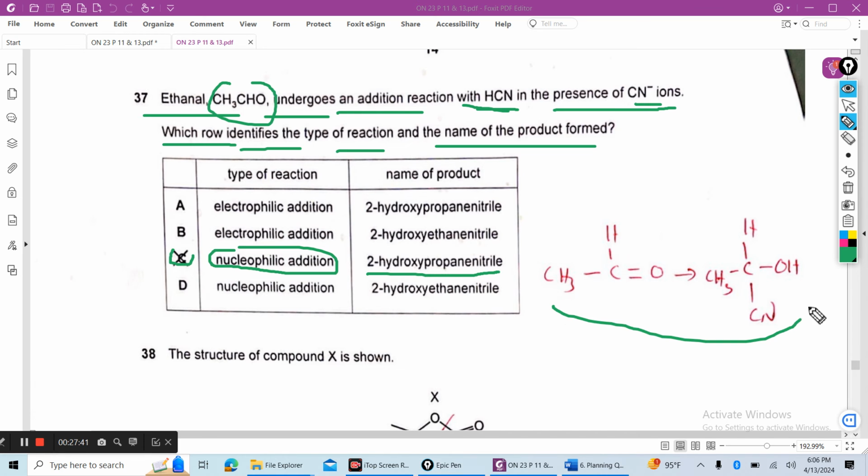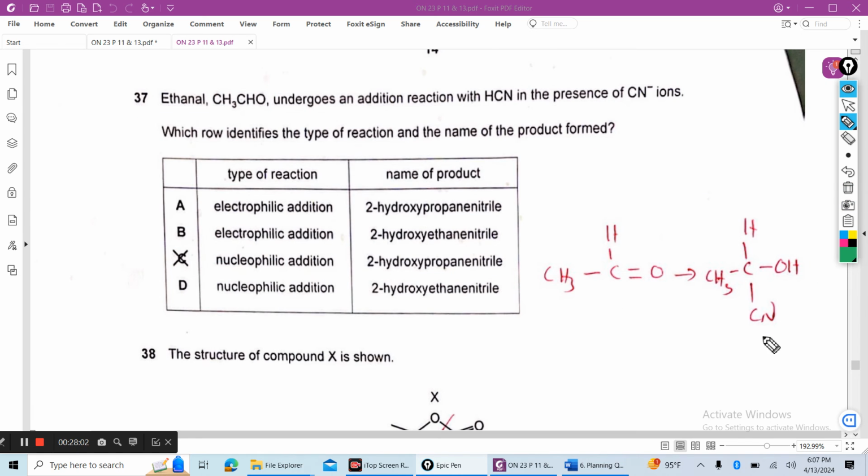You see, this is the reaction. When hydrogen cyanide reacts, hydrogen will be added to oxygen, so OH, and cyanide will be added to carbon. 2-hydroxypropanenitrile, its naming: 1, 2, 3 carbon cyanide compound is known as propanenitrile.